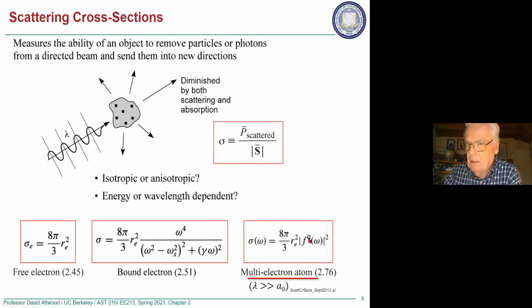And this superscript, I guess, is what I used, means there's a special condition where all of the electrons are scattering in phase with each other. We're going to spend a lot of time on it today. So I'll come back to that and answer you better at that time. But the magnitude of F, so F has a real and imaginary part, and this is the modulus squared of that.